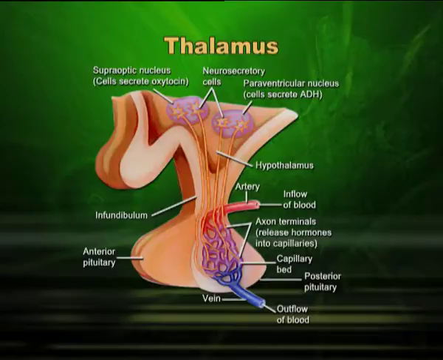stored. Perhaps while discussing the endocrine system, I did tell you that these neurosecretory nuclei secrete two hormones, oxytocin and vasopressin, which are stored in the neural lobe of the pituitary and are released if and when required by the body.